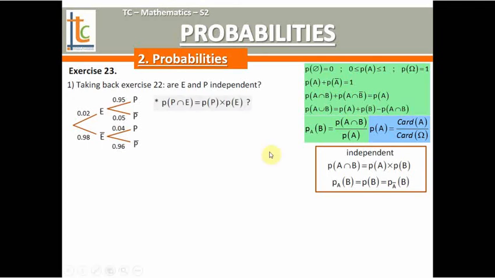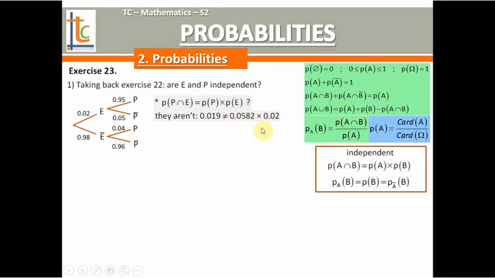So let's check the dependence thanks to this formula, the first one. P of P inter E equals 0.01 or 0.09, sorry. And P of P times P of E was this number times this one. You can perform this calculation and you can see that this is absolutely not the same result.